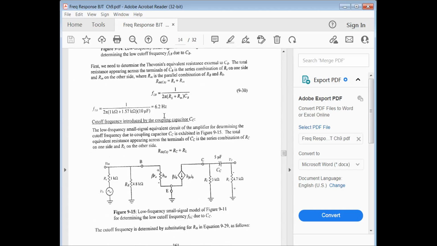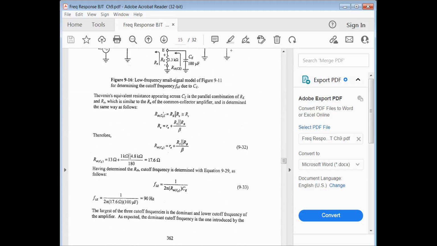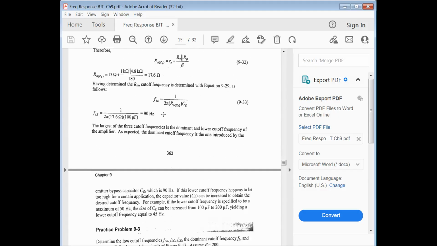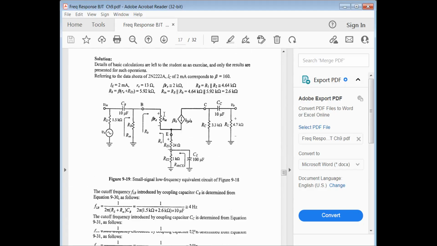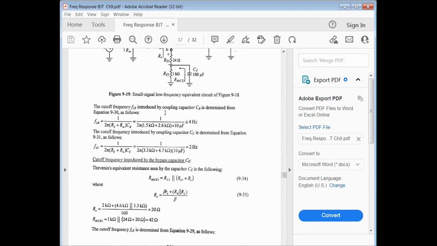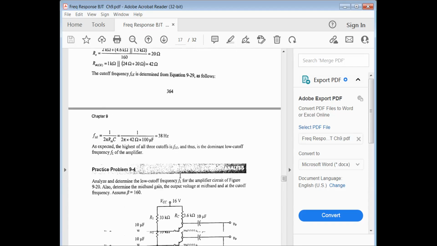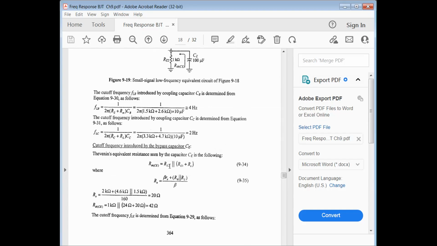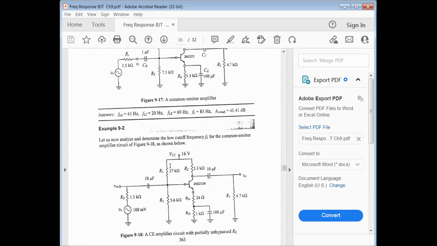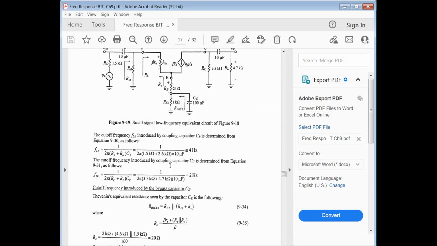So let's see what else we have. When's the homework due again? The ones I haven't assigned, Monday. Okay. I'll send you an email with the problems and when they're due. So you need to do at least, was it 9-4? Practice problem 9-4. And you have the example problem 9-2.